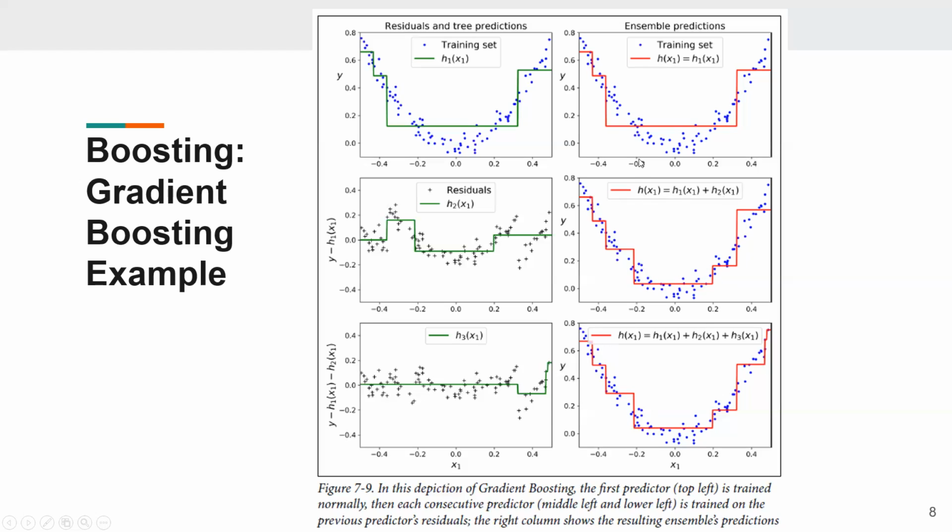For example, somewhere around 0, the first model is predicting somewhere around 0.17. And then for the second component, h2x1 is predicting somewhere around negative 0.1, probably a little bit less than negative 0.1.